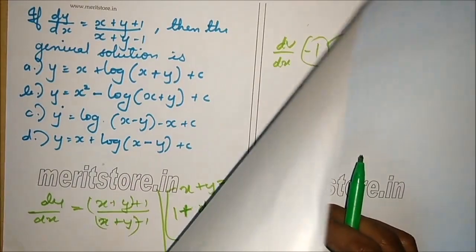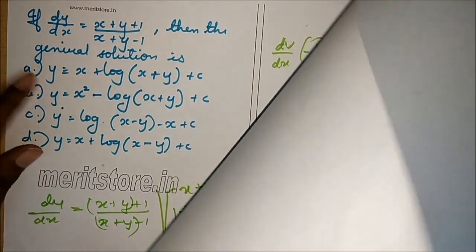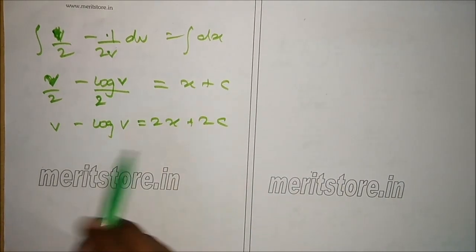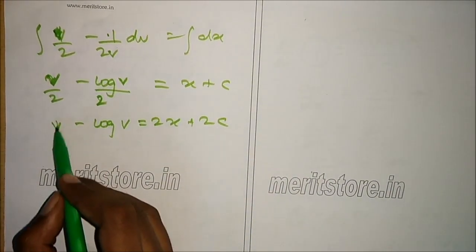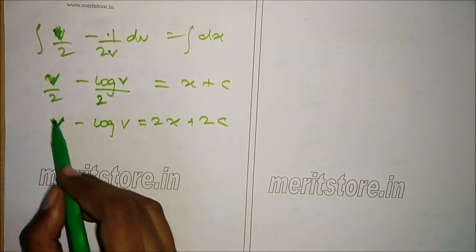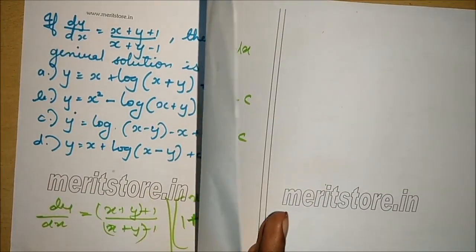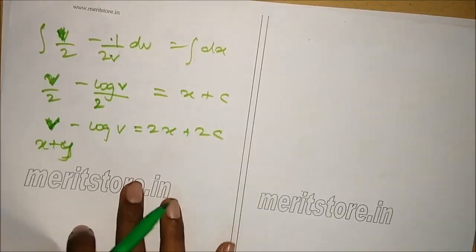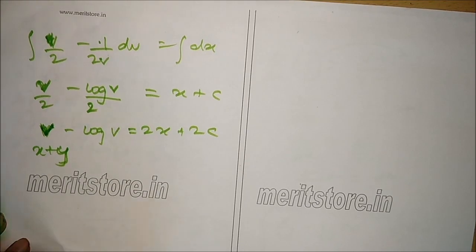So now in the options, we are given y in terms of x. So we'll resubstitute v in terms of the original variables. We are given in terms of y and x, so we'll bring y and x back from v.